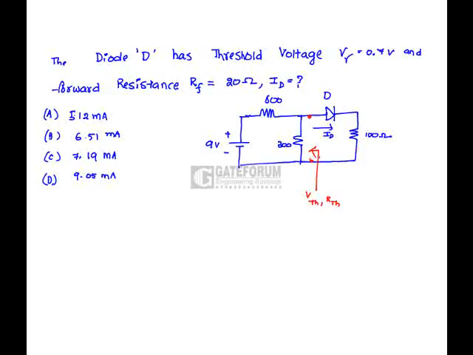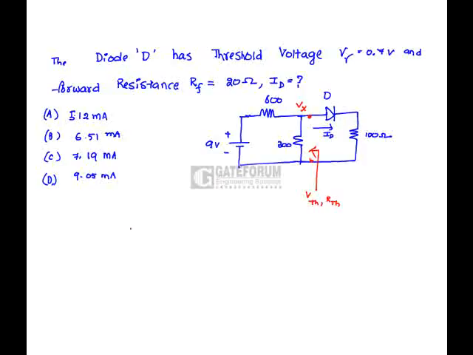One more way is we can apply KCL here, assuming the diode is on. If we apply KCL at node Vx, if we get ID that is positive, then the diode is in on situation and we are going to know the value of ID.